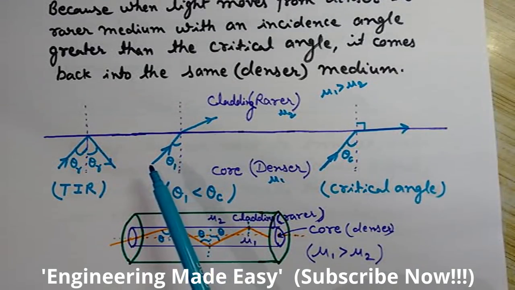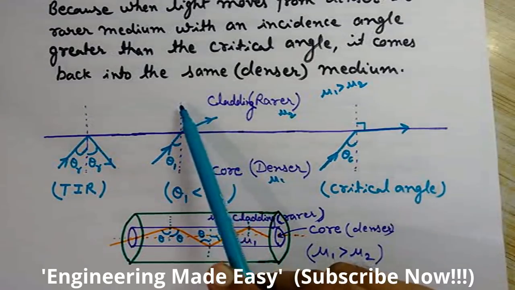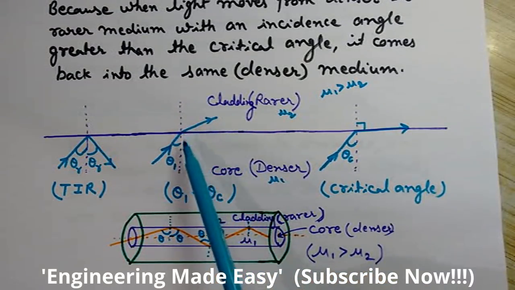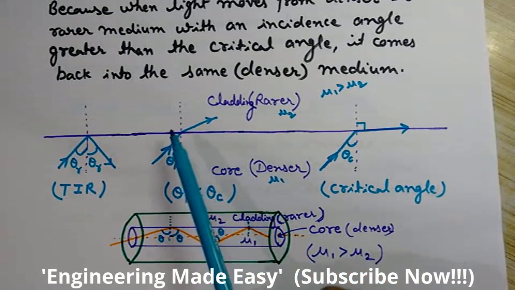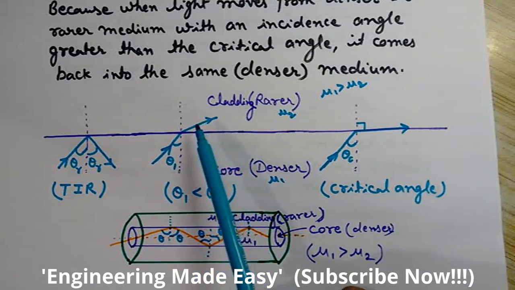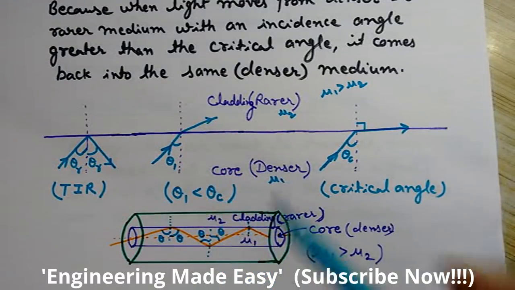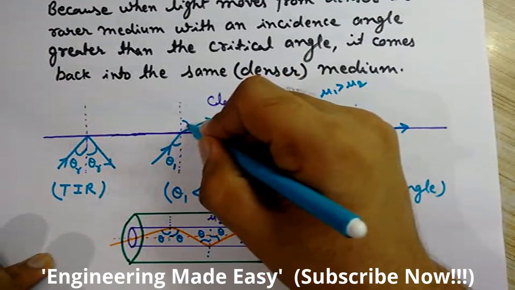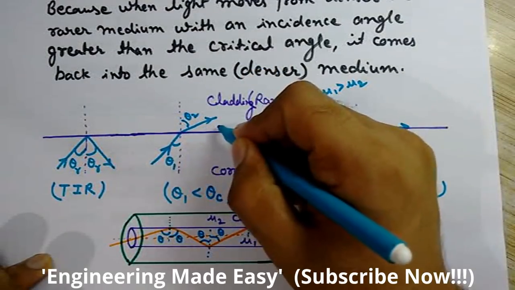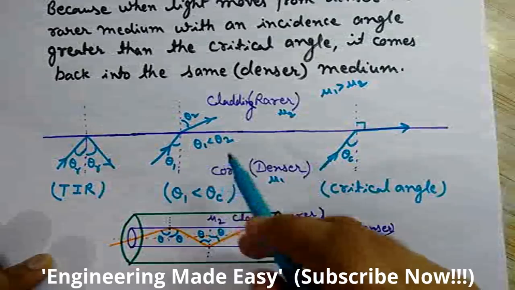By the law of refraction in optics, when a light ray travels from denser medium to rarer medium, with the imaginary normal perpendicular to the interface, it moves away from the normal. If this is theta 1 and this is theta 2, then theta 1 is less than theta 2.